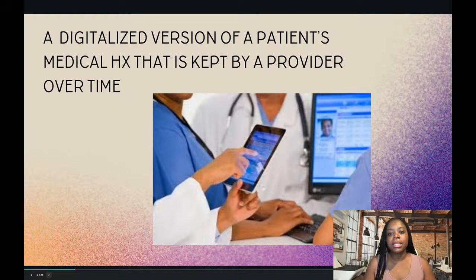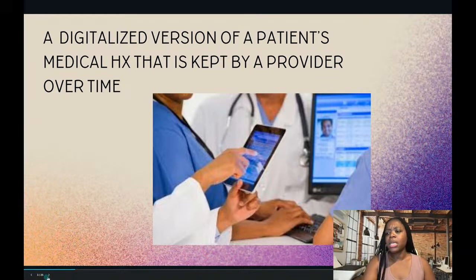In any case, you can log in and physically see the patient's information, easily scheduling. There are all these different modules that have been added on over time, and it's still growing to this day. So if you don't know what an EHR is, first off, electronic health record, you want to know that.